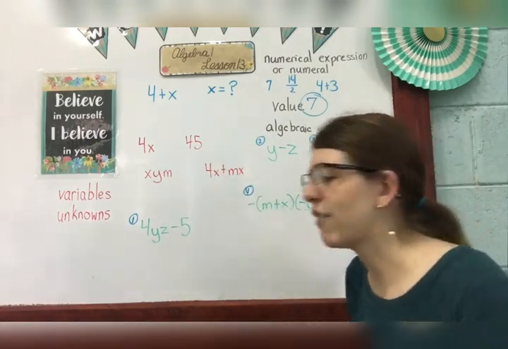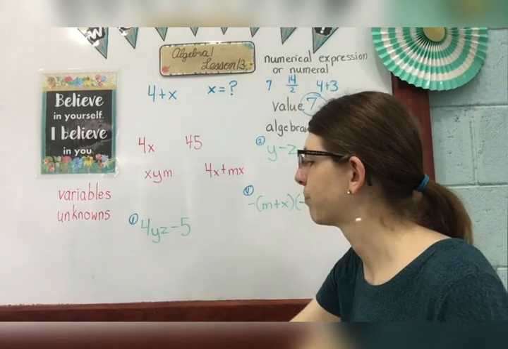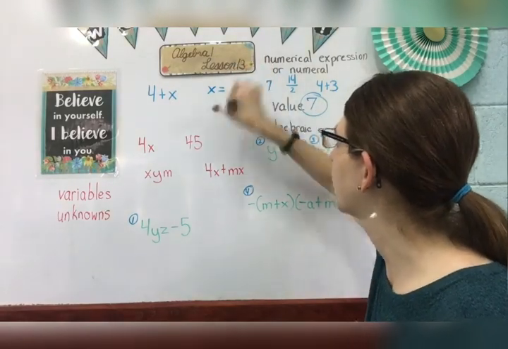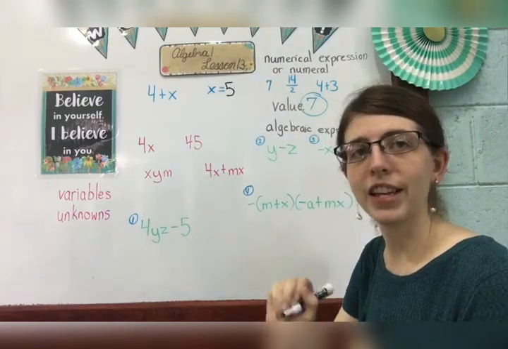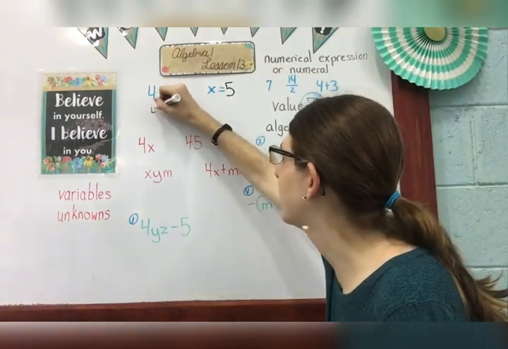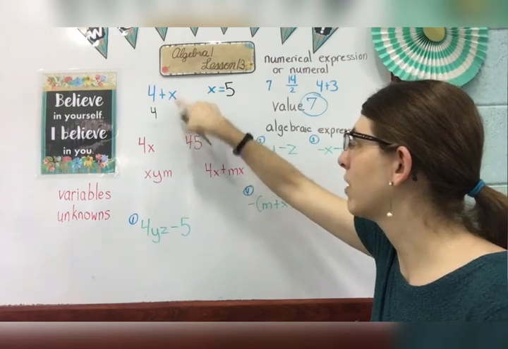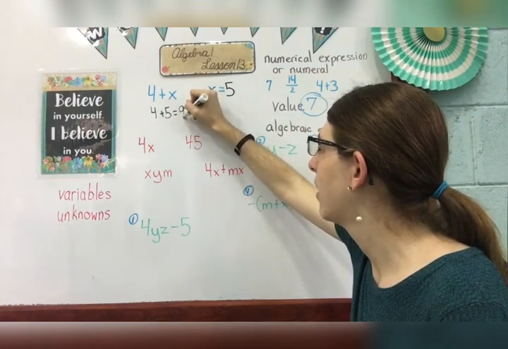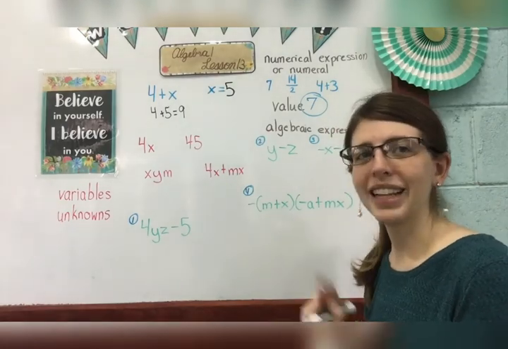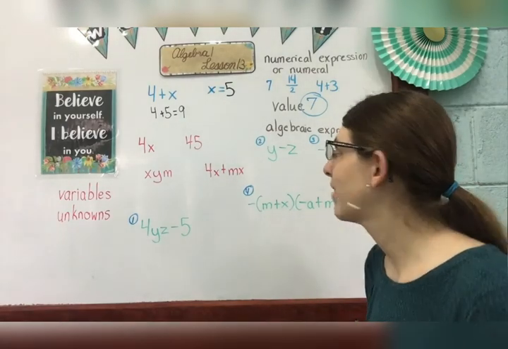So let's say that x equals 5. Then that's going to give this expression a value based on putting the 5 in place of the x, and you would get 9. But let's say that my x changed, and it's not 5.